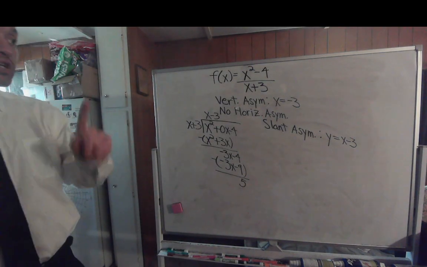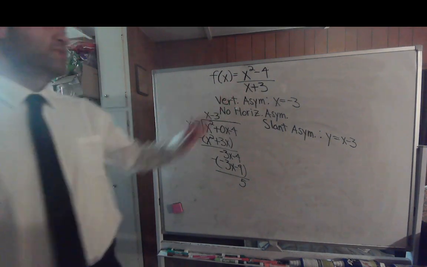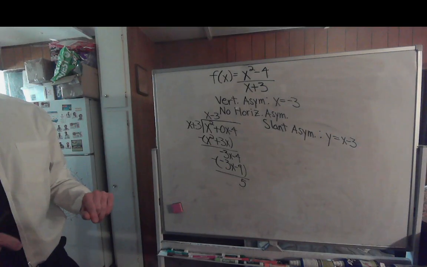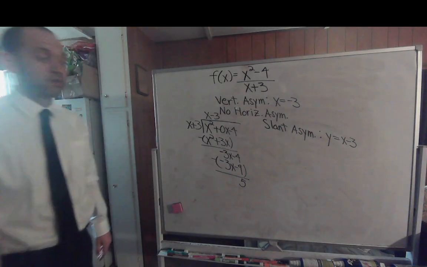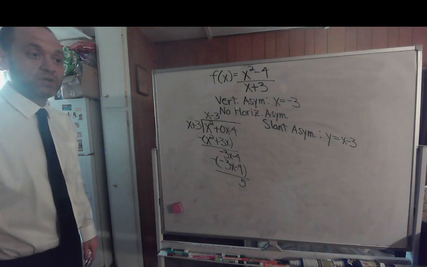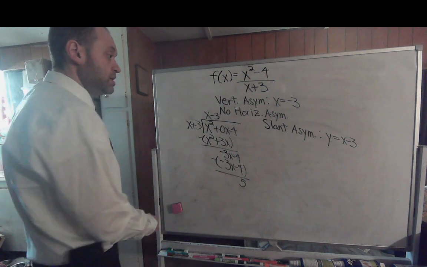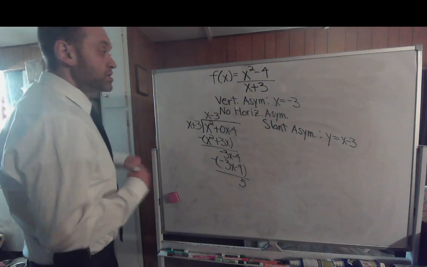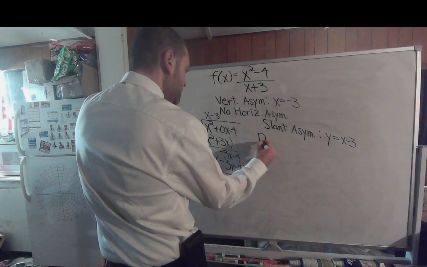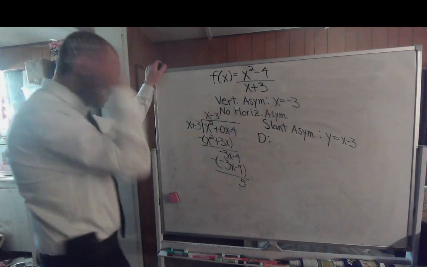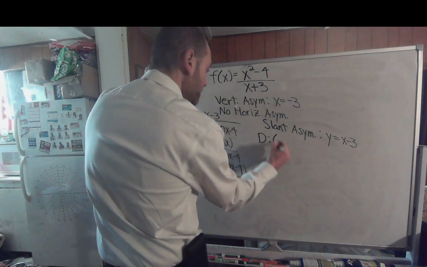And that only occurs when the degree of the numerator is greater than the degree of the denominator by 1 degree. If it's any more than 1 degree, you don't even have a slant asymptote. You would have at most a vertical asymptote, nothing else. Let's consider the domain. The domain is going to be, again, x just can't equal negative 3.